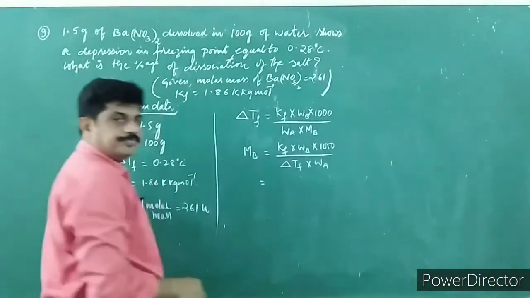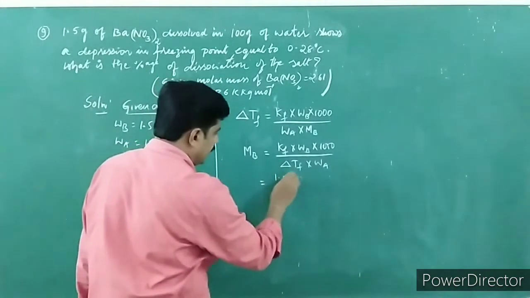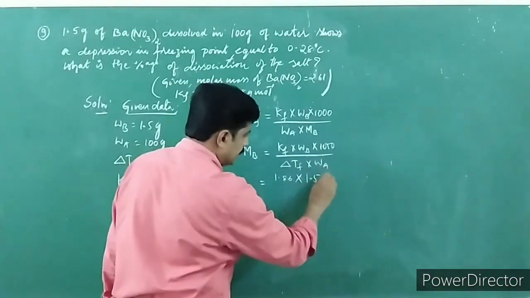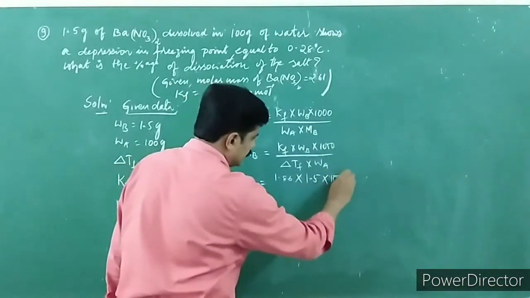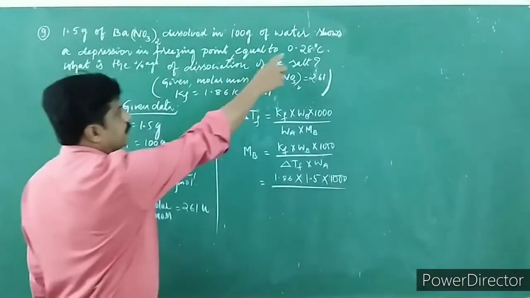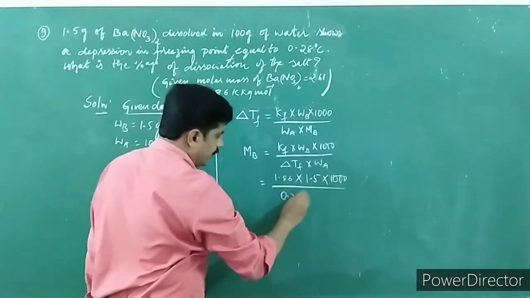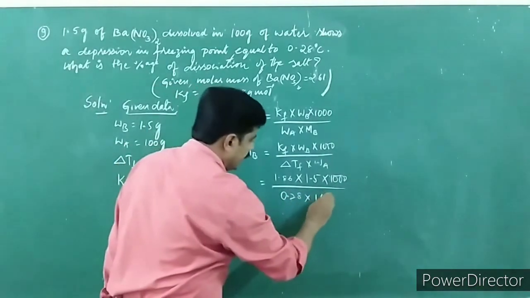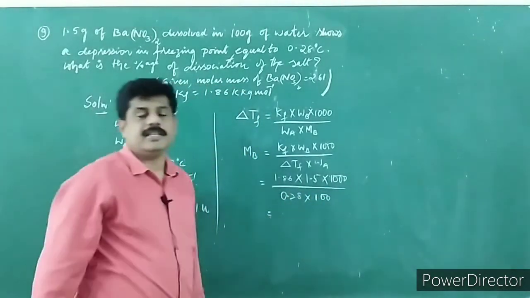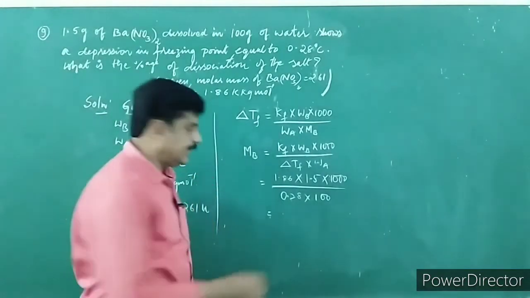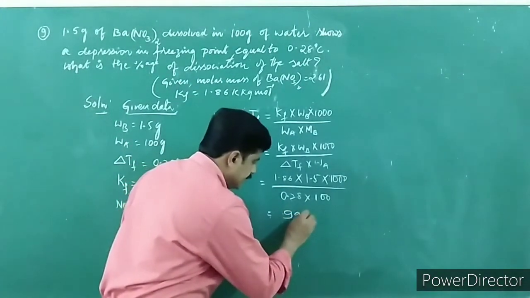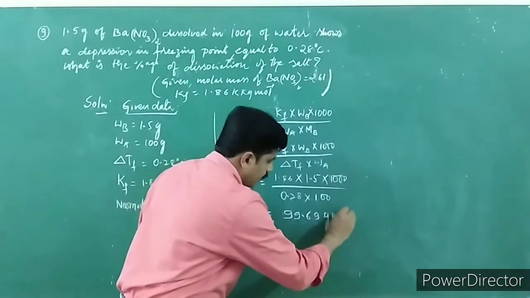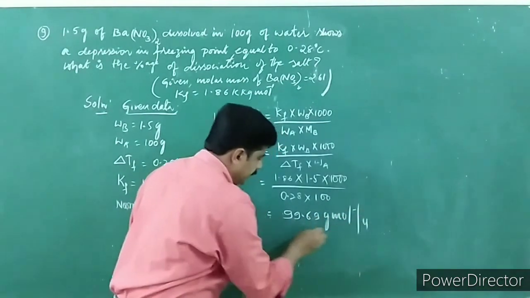Substitute the values. Kf is equal to 1.86, WB is equal to 1.5, 1000 upon delta TF, how much here? 0.28, and WA is equal to 100 grams. Children, if you simplify this, you are going to get 99.69 gram per mole or unified mass.